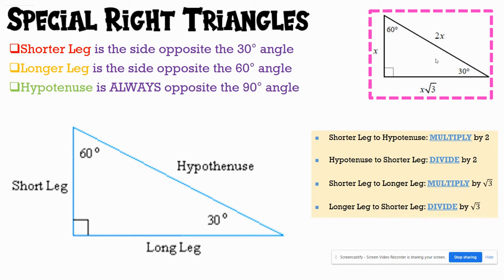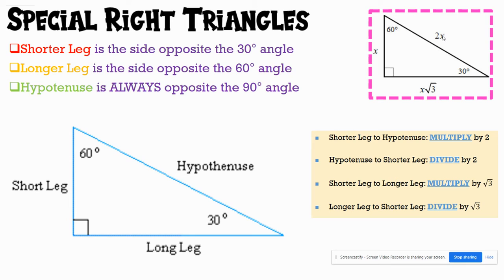Now, here is my formula up here. Your goal, if you are not given the short leg, is to find the short leg. That should be your goal in all of these problems. Get the short leg, because the short leg is x, so you want to find x. Whatever the short leg is, the hypotenuse is 2 times that.